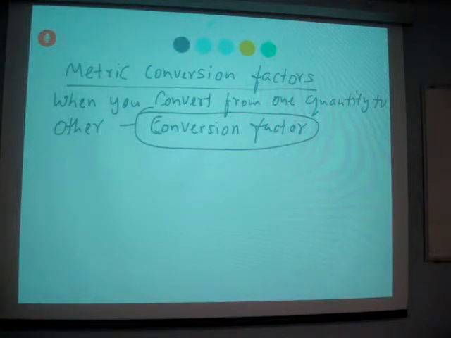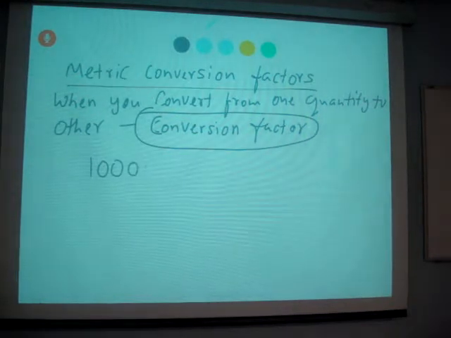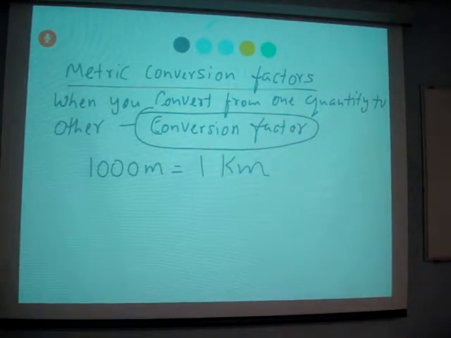We know that 1000 meters equals 1 kilometer. And we can write unit factors for converting between meters to kilometers or kilometers to meters.